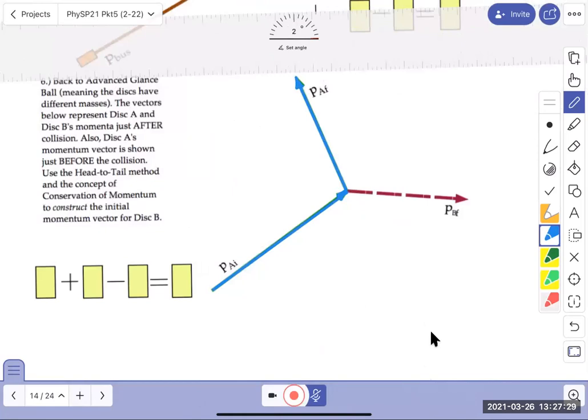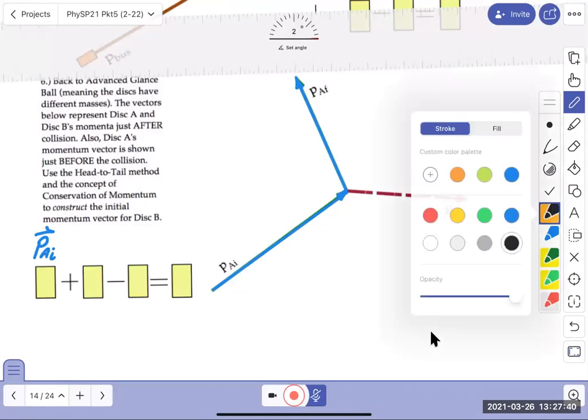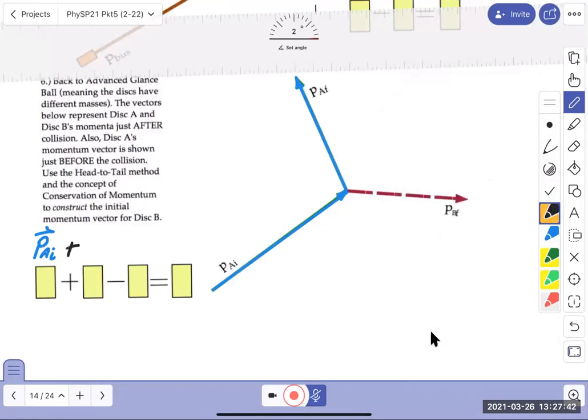We know conservation of momentum, so we have PAI plus PBI equals, you start off with this, equals PA final plus PB final. All right, so that's conservation of momentum.